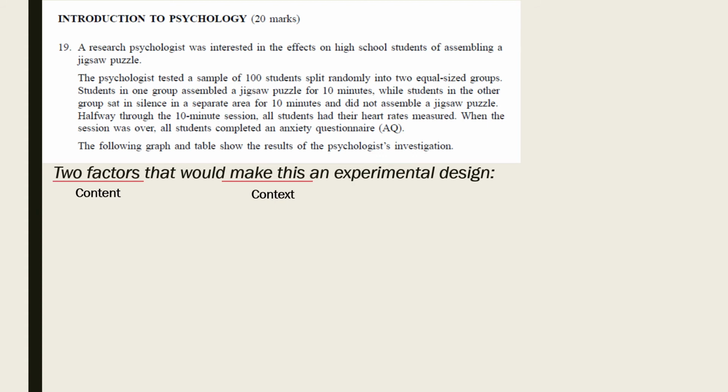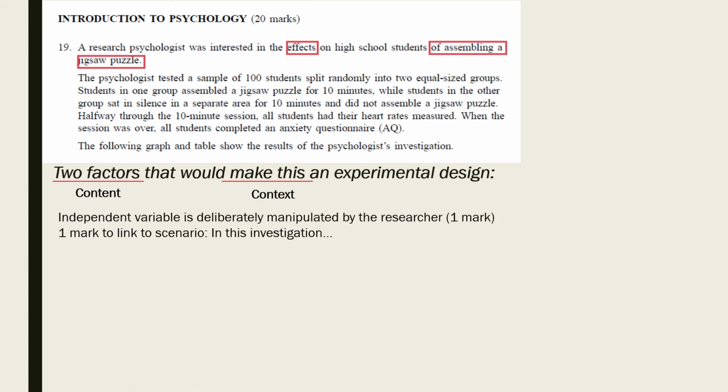The first thing that we're told in the first paragraph is that the psychologist was interested in the effects of assembling a jigsaw puzzle on high school students. One element of an experimental design is that the independent variable is deliberately manipulated by the researcher. That's our content mark.